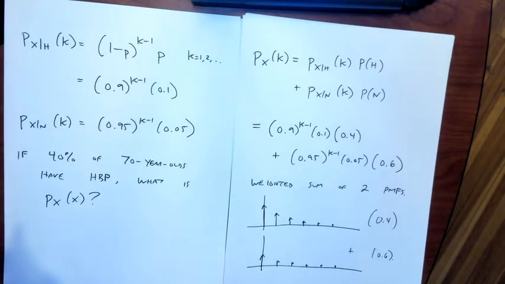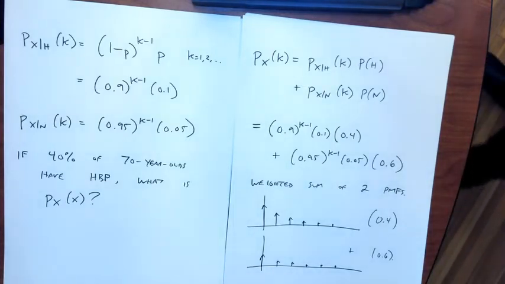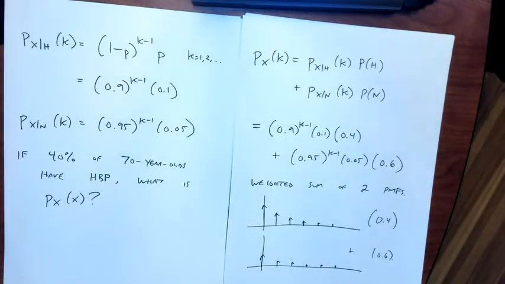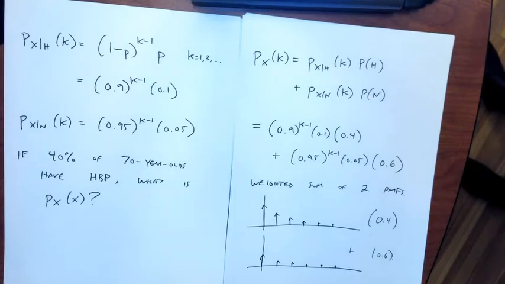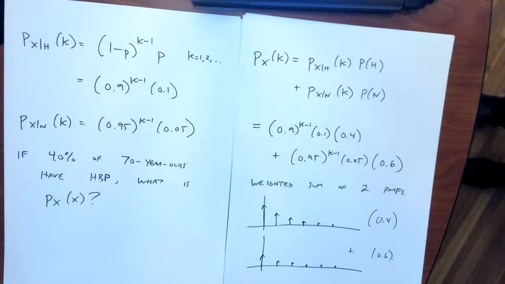Now, the reason we set this up is that I might want to ask, if I pick a random 70-year-old, what is the expected number of years, right? That requires me to combine two expected values.